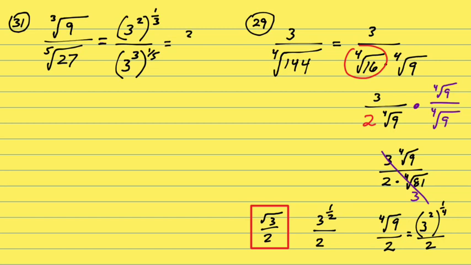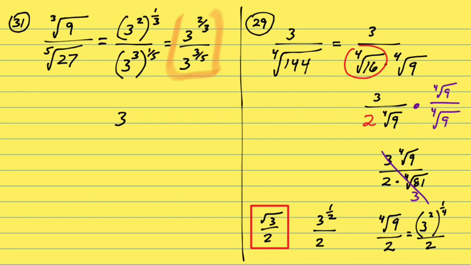A power to a power, you multiply exponents. Now, I'm dividing with like bases. What do I do with the exponents when I divide with like bases? Well, you should subtract them. So you get 2/3 minus 3/5.